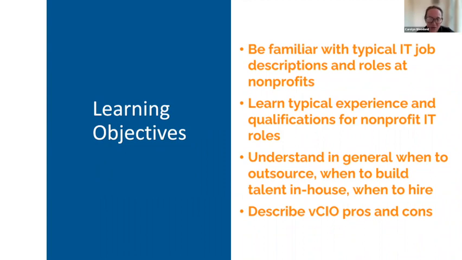Understanding in general when to outsource, when to build your talent in-house, when to hire, finding, as we said, and I put in the photo, the unicorns, the people who can do the technology and the management and strategy. It's really hard to find those people. So as Johan said, sometimes you just need to find an outsourced partner that's going to learn your business over time with you and be able to be a trusted resource to you around that.